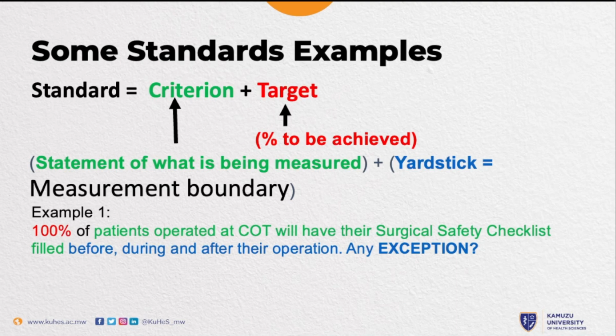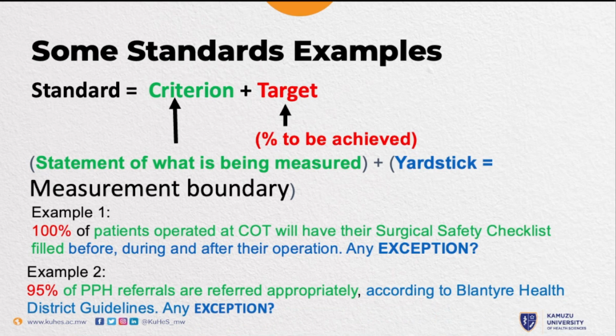You want that patients operated at this maternity should have their surgical checklist filled. That is the criteria. All right. Now, what is the measurement boundary? It is before, during, after the operation. That is the yardstick. So maybe during the discussion, what are the exceptions for this example?